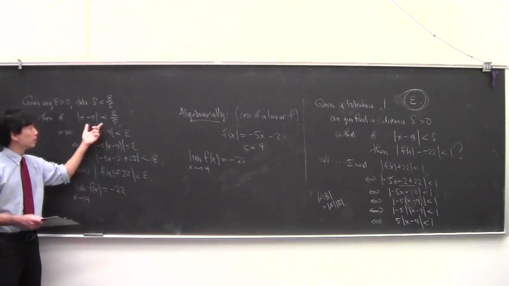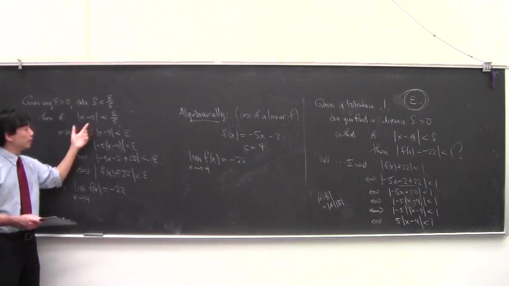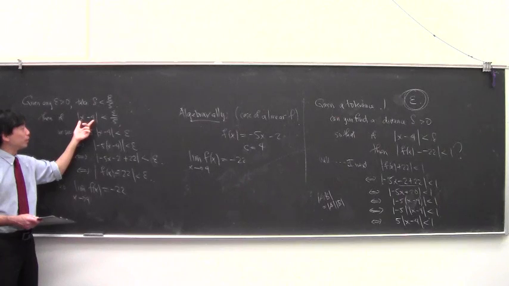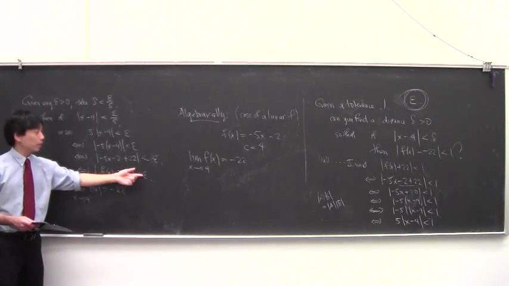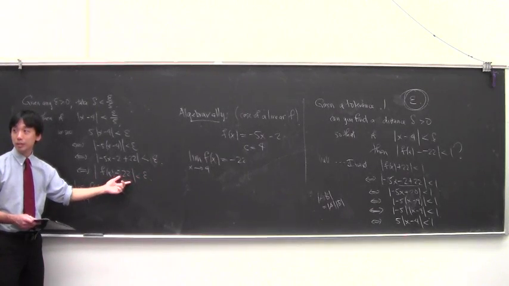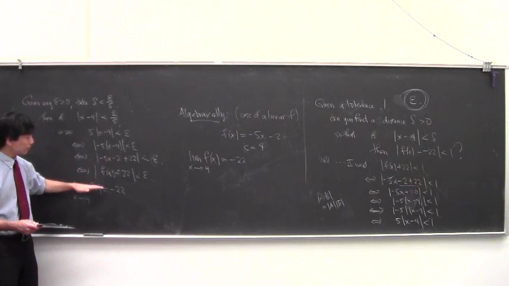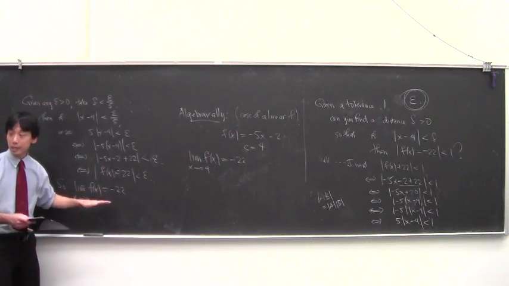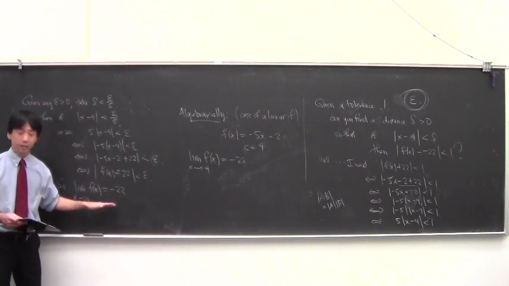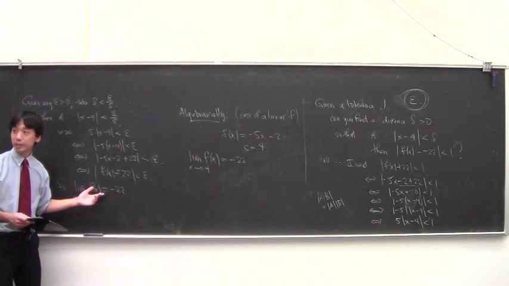So what we see is that as long as my values are within epsilon over 5 of 4, my output values will be within epsilon of negative 22. In other words, I can satisfy any tolerance you give me. In other words, the limit is negative 22.